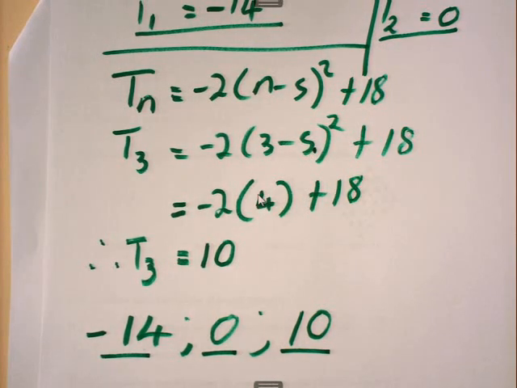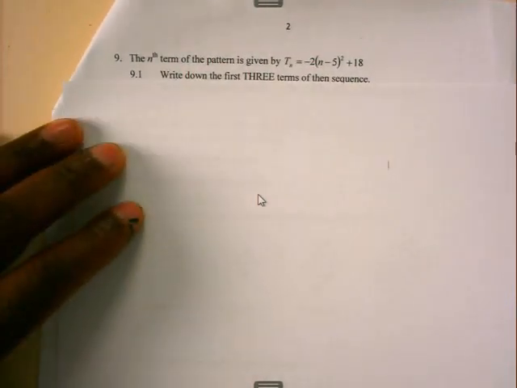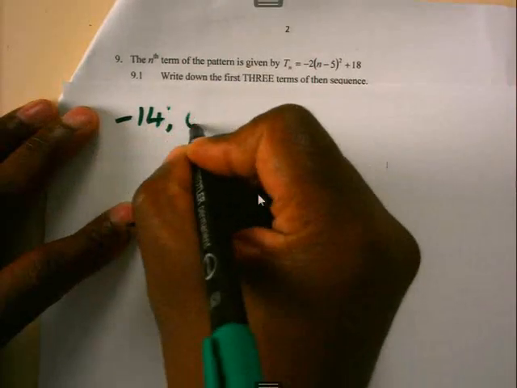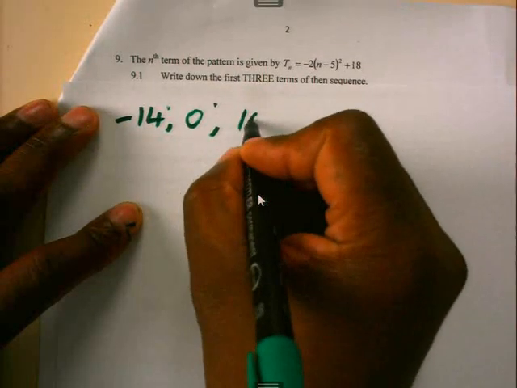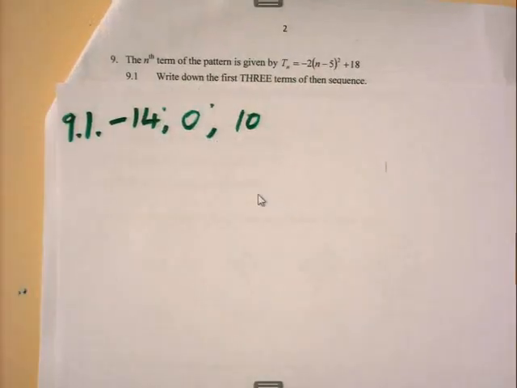The question stated, if you remember, write down the first 3 terms of the sequence. So those first 3 terms are minus 14, 0, 10. That is 9.1. How we answer 9.1.